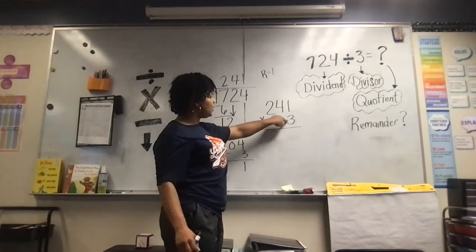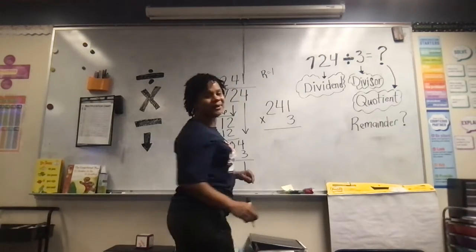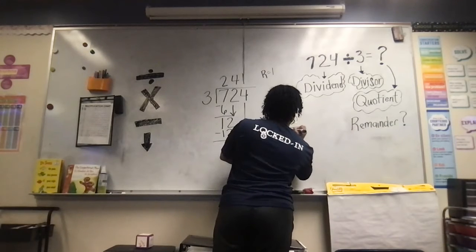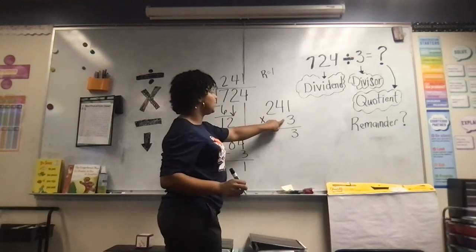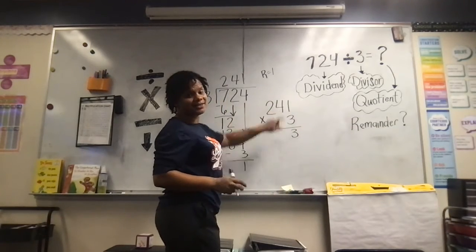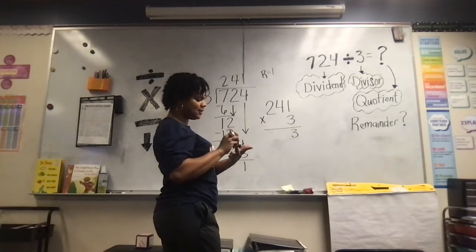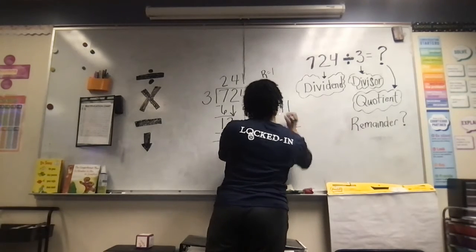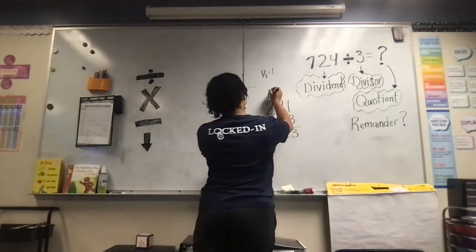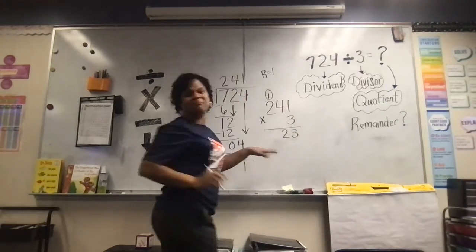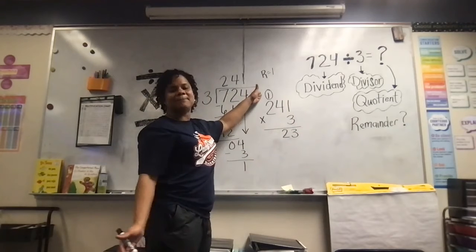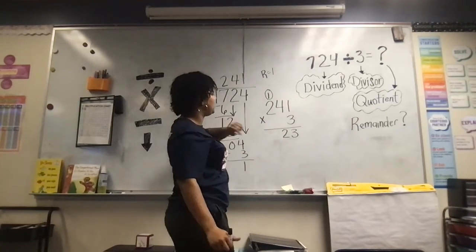Let's see, 3 times 1, anything times 1 is always the same number, gives us 3. 3 times 4, just did this, 3, 6, 9, 12, okay? My 2 goes down and my 1 goes up. Sometimes we like to circle this, make it bold, so we don't forget that 1 up there.